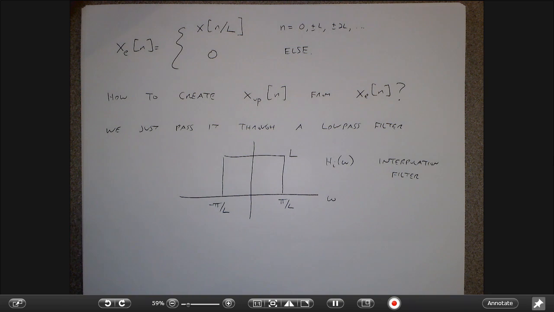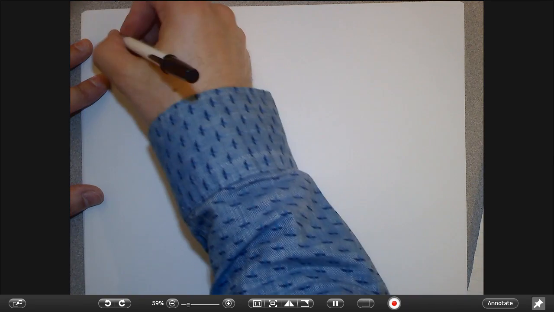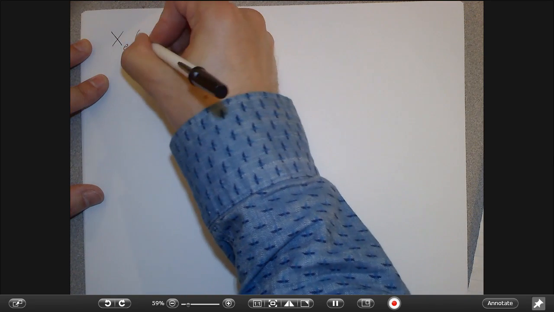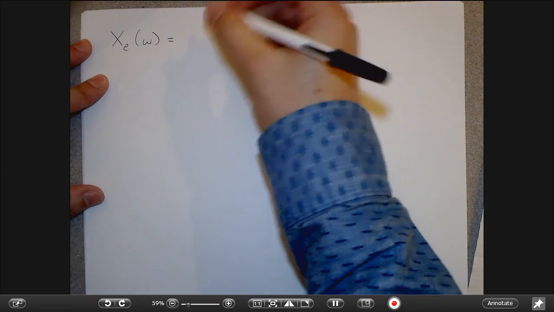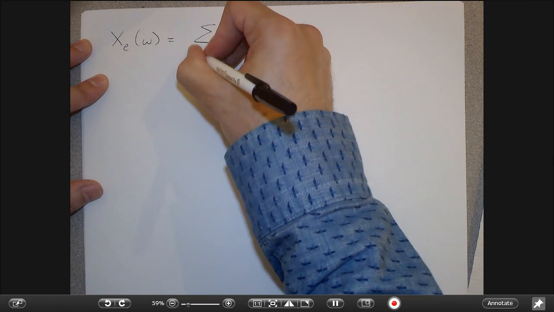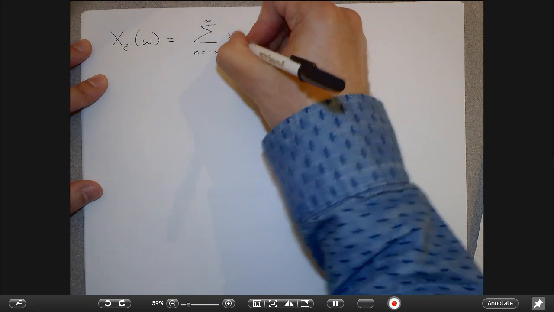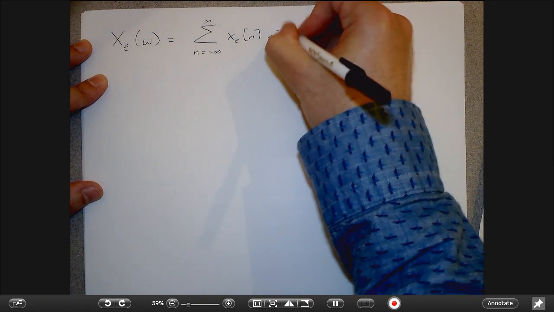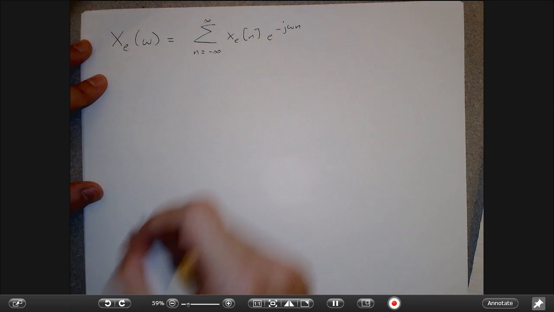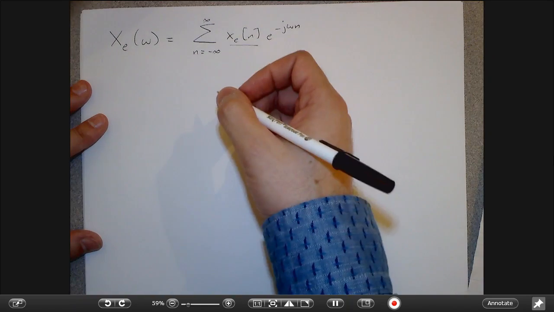Okay, so in the Fourier world, I have that my expanded Fourier transform is just this guy here, my expanded signal, e to the minus j omega n. And what does my expanded signal actually give me?